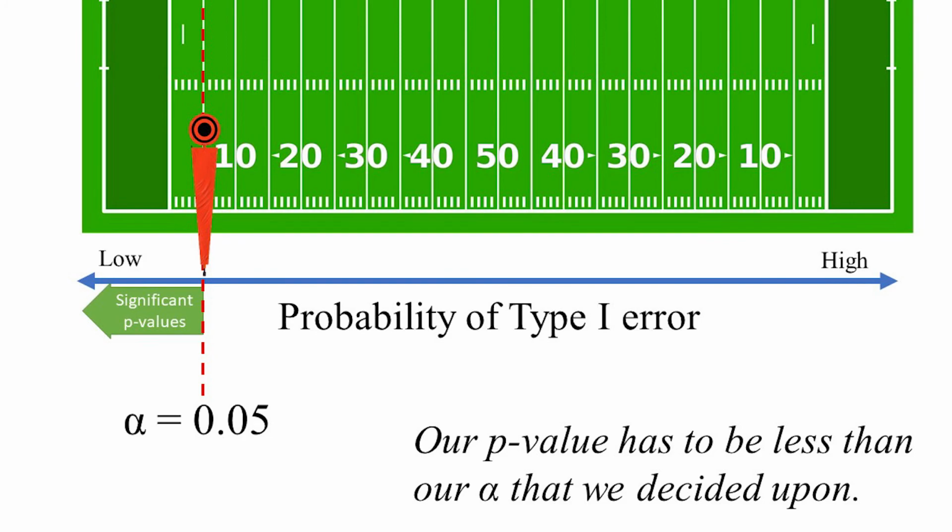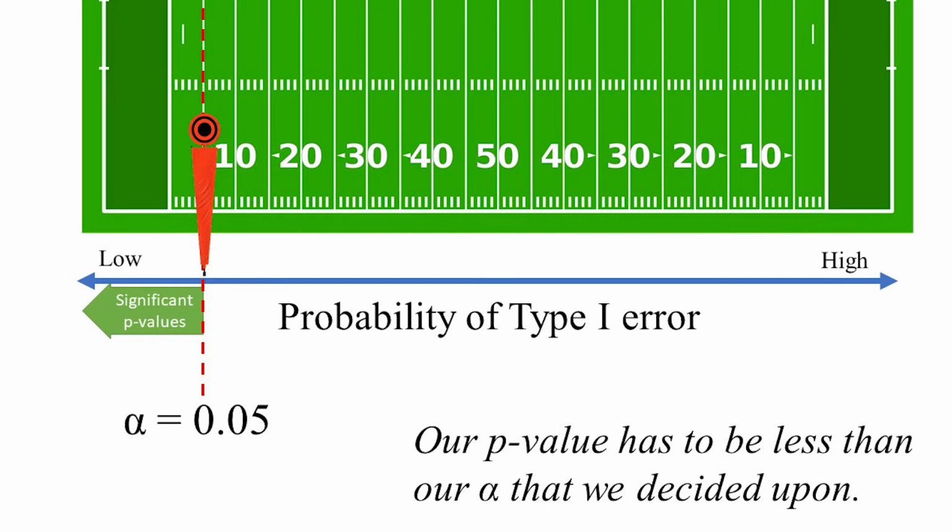In statistical tests, we often calculate what's called a p-value, which is roughly the probability of observing these data given the null hypothesis. I'll go into more detail on this in a future video. But the basic idea is if the p-value is less than alpha, then we say the chances of making a type 1 error are acceptable. We're more than likely correct about there being a difference here.